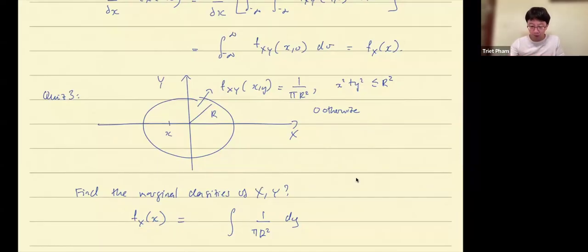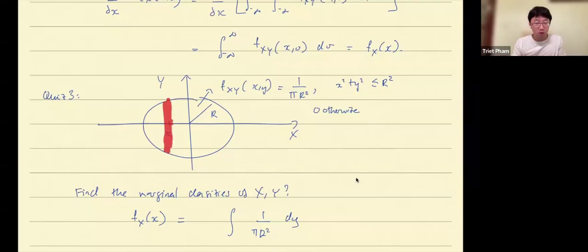Then does Y go from minus R to R? No. The range of Y's depends on the X. And that makes perfect sense, because where X is will determine what values Y can take.